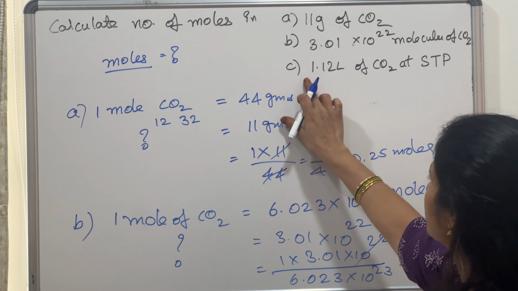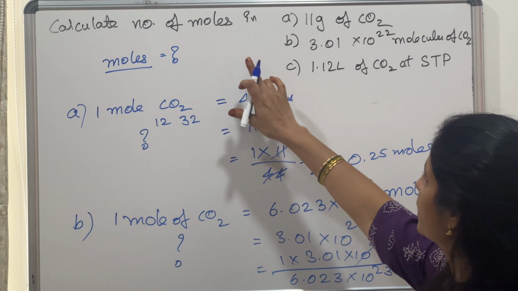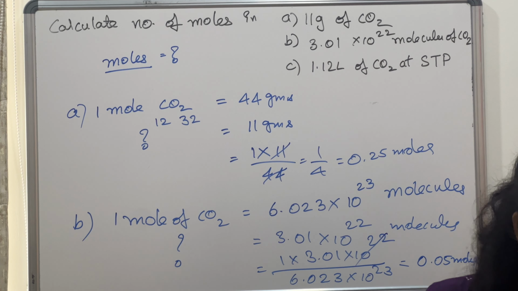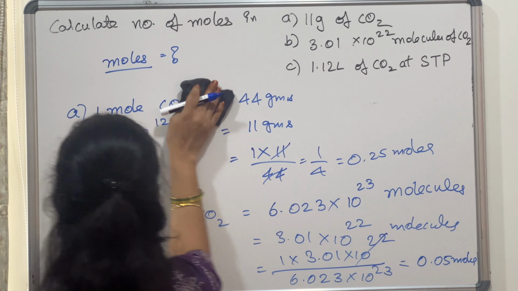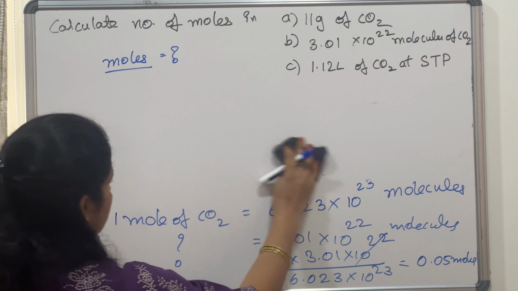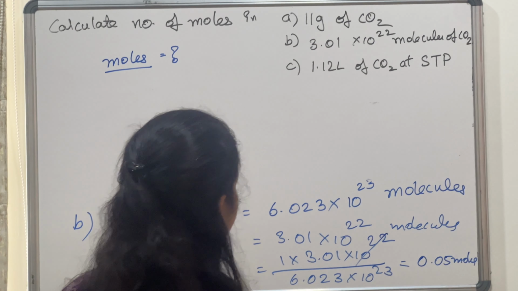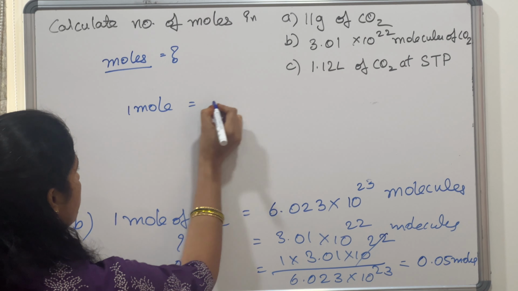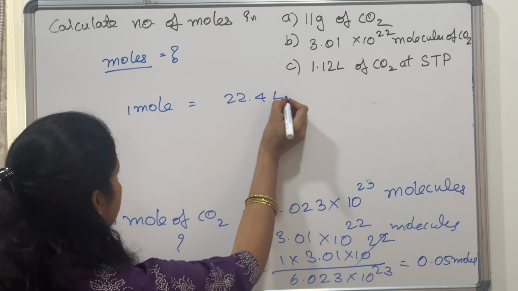Now solve this one. Calculate the number of moles in 1.12 liter of CO2 at STP. So 1 mole of any gas occupies a volume of 22.4 liters, no?